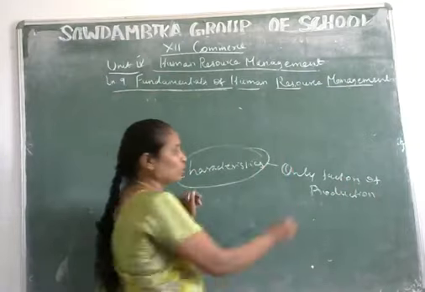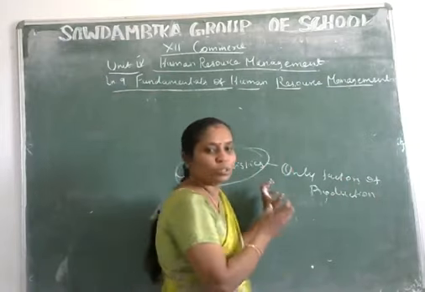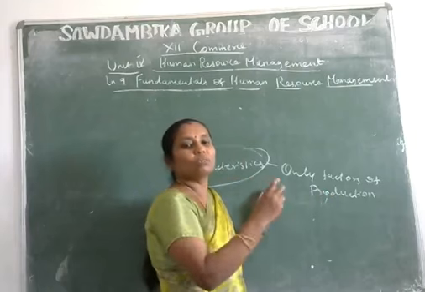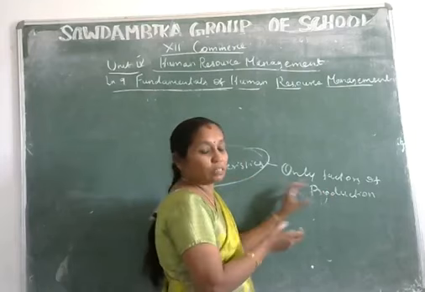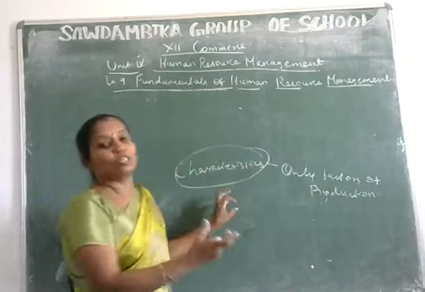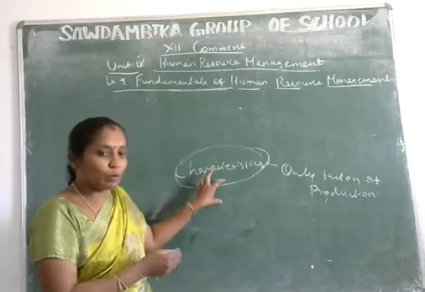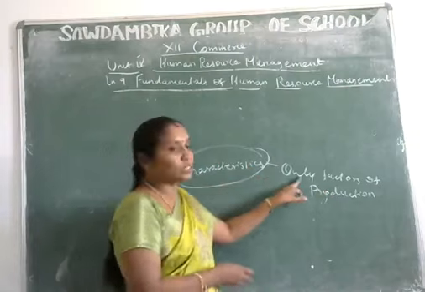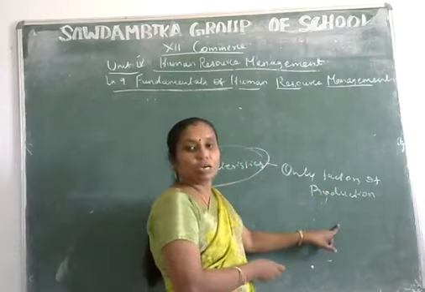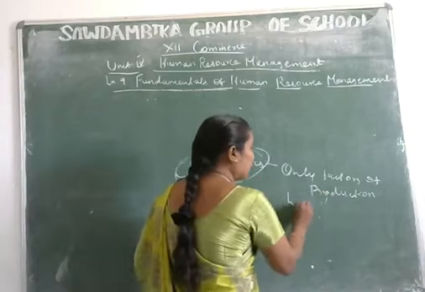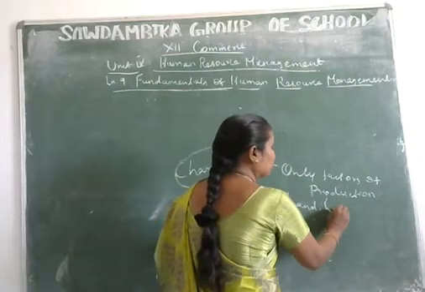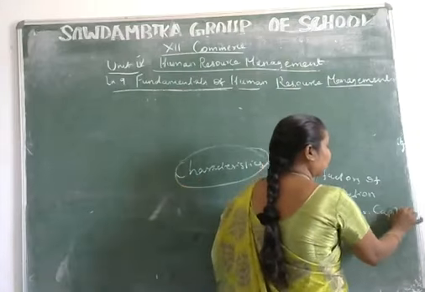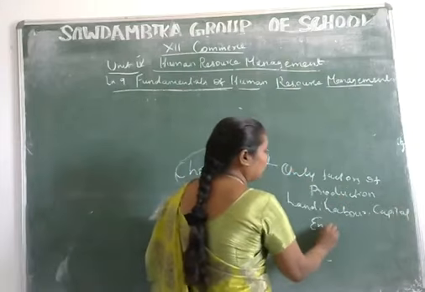Factors of production are inputs. What are the inputs? Men, machine, money, material. These inputs produce the goods. The factors of production are land, labor, capital and entrepreneurs.